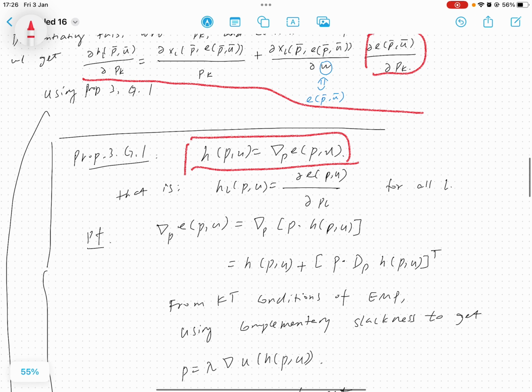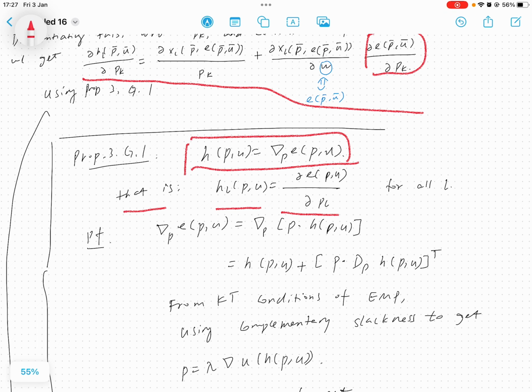That proposition says that the Hicksian demand H will be just the gradient of the expenditure function taking P and U with respect to P. The gradient will be just the derivatives with respect to each dimension, the derivative for a vector. So we have H to be the partial derivative of E with respect to PL for all L.